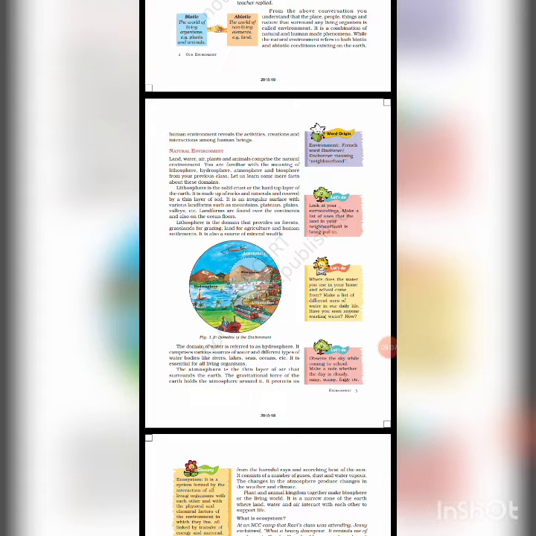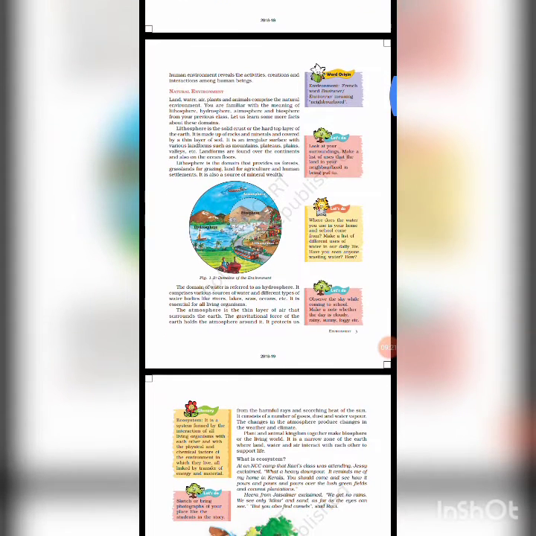It consists of gases, dust and water vapors. Whereas the biosphere or the living world comprises plant and animal life. It is a narrow zone of the earth where land, water and air interact with each other to support life.